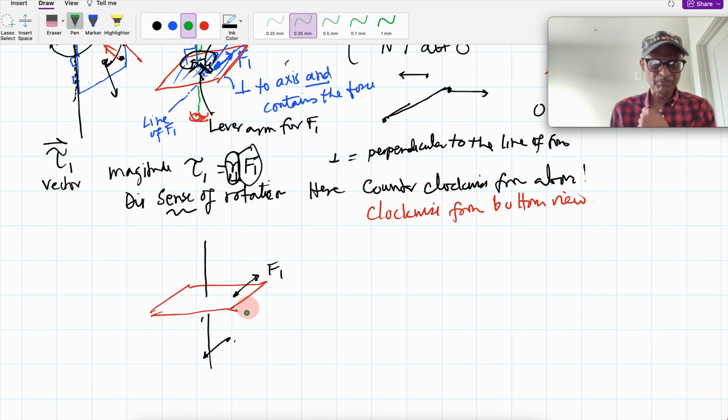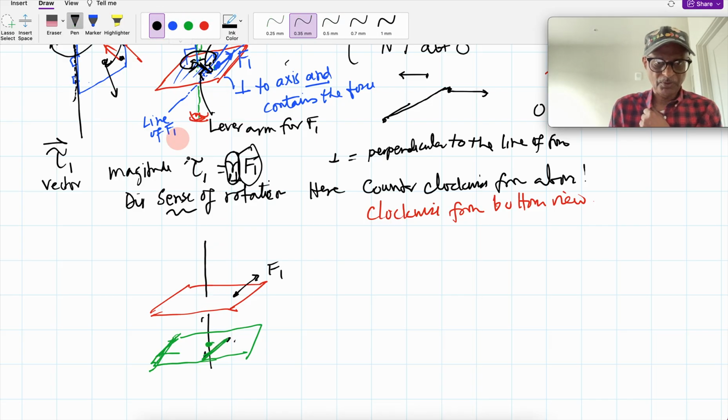This is not in that plane, so we have to draw another plane, another plane in which the point through which the axis cuts and this line are in this plane. So now we draw the perpendicular from the point where the axis cuts this plane, and the force was acting over here, so this is the line of force and this is the direction of the force.